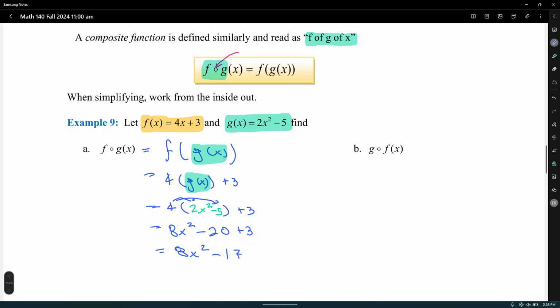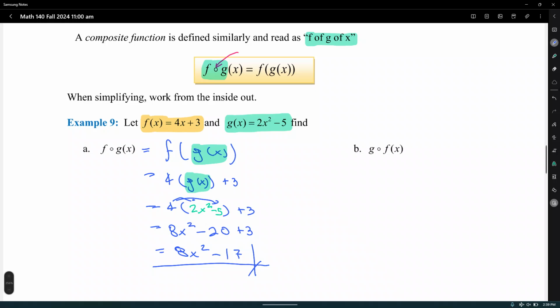So we just created a new function by composing two functions. We didn't add, subtract, multiply or divide functions. This symbol could be deceiving and look like multiplication, but it's composition, which is a function evaluated at another function.